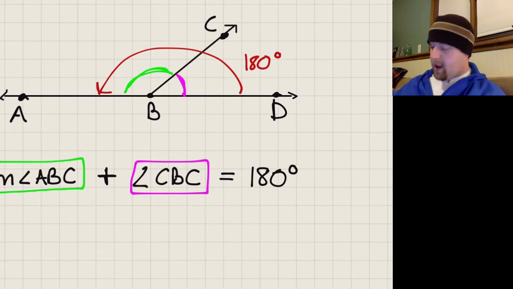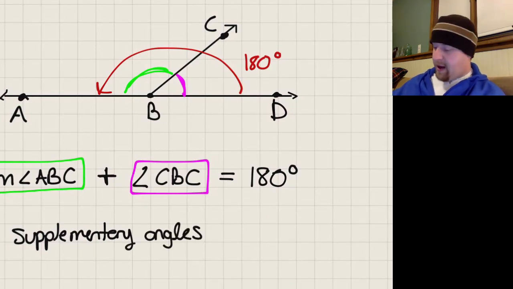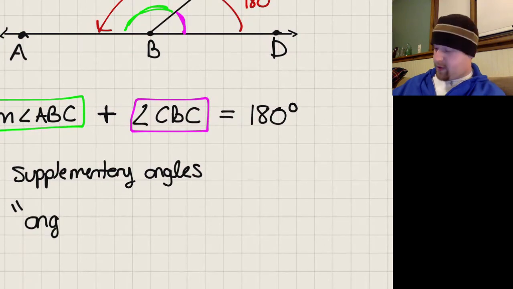These two angles are called supplementary angles. Supplementary angles are angles that have to add up to 180 degrees. You might want to put this in your notes.